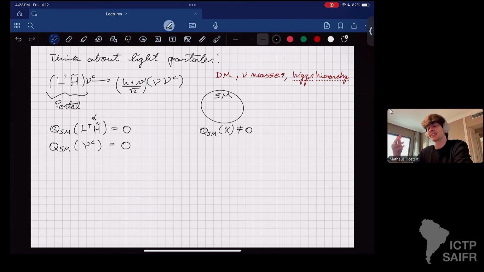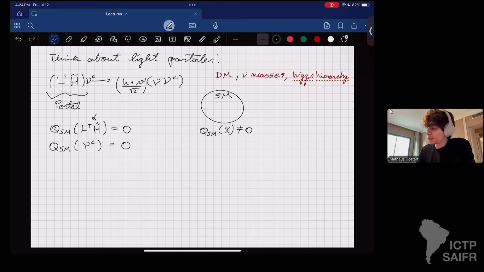And it should interact with the standard model forces through order 1 couplings, like the electric charge, whose value is 0.3, right? So that's a large number. So we should have seen these light particles already. In fact, they would just be part of the standard model in some sense.